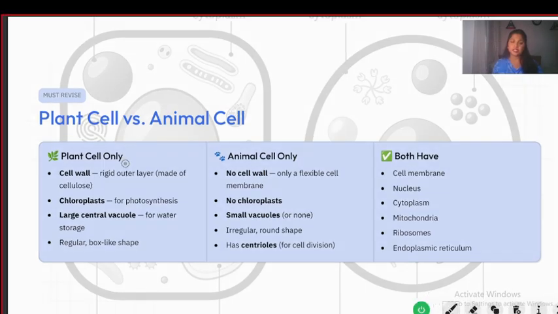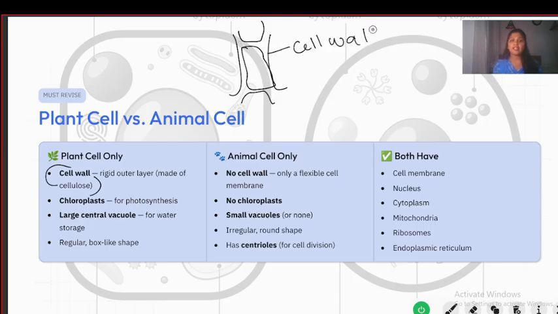Now, as we discussed the cell organelles, we also know that there are certain differences between a plant cell and an animal cell. So, plant cell, oh, we forgot, cell wall. Sorry for it. So, a plant cell has an outermost covering apart from the plasma membrane called cell wall, which is very rigid, very tough.